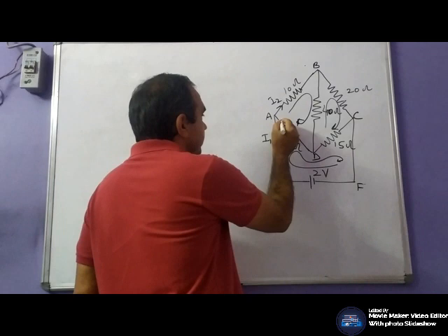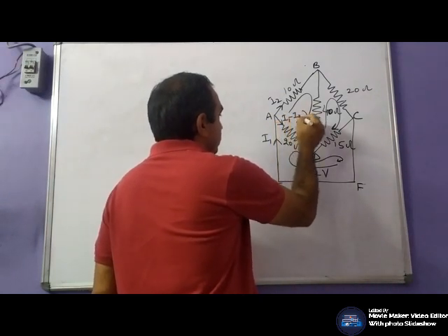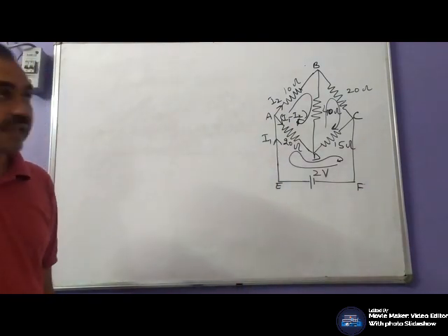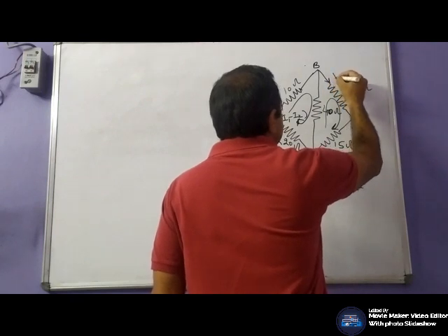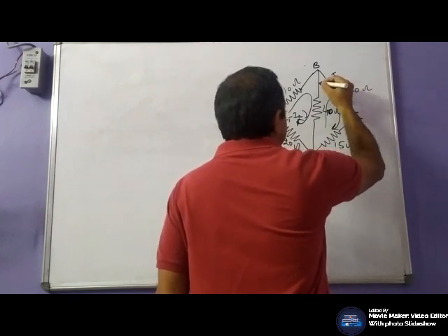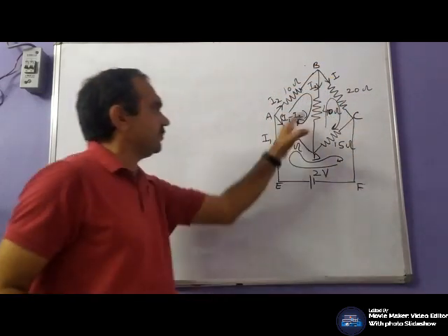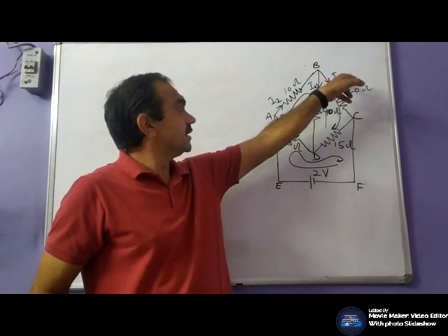This would be I1 minus I2. Now let this current be I3. इसको I3 मेंशन कर देते हैं. What would be this current?